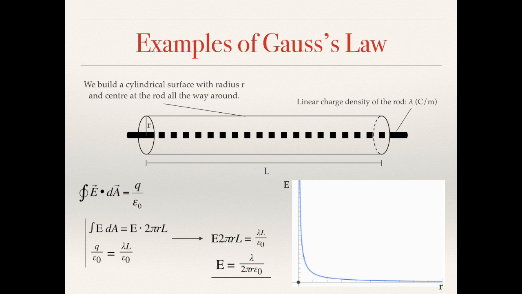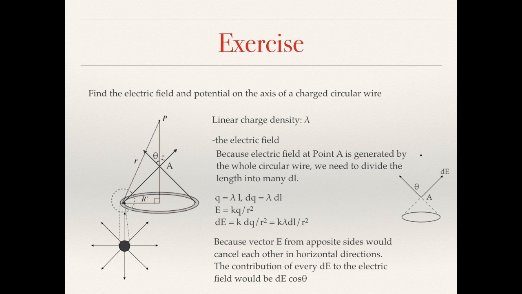And this is also intuitive. And also there's a graph plotting the r and the electric field E in the right down corner. And you can see again that as r is approaching 0, the electric field becomes infinitely large.